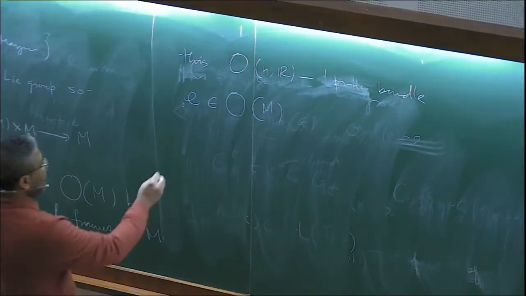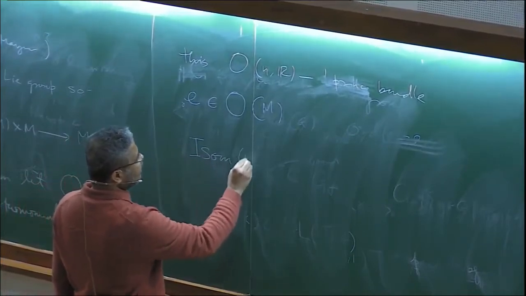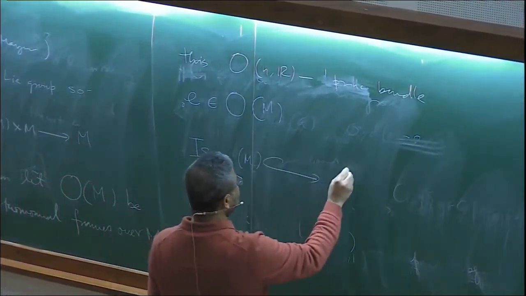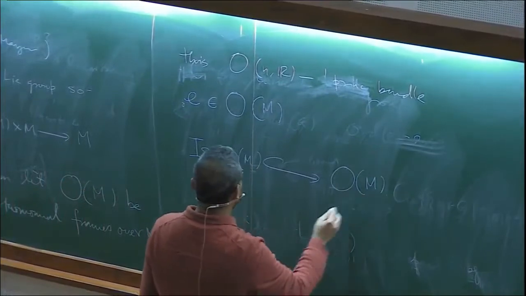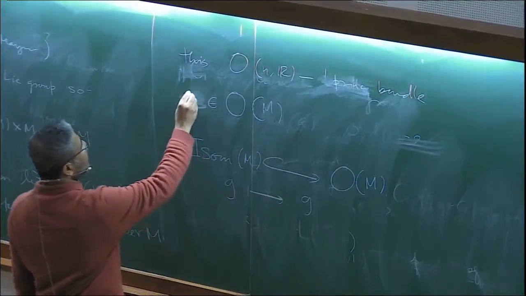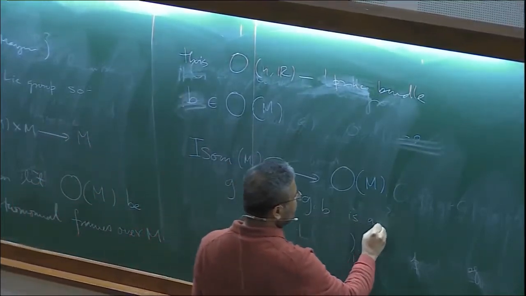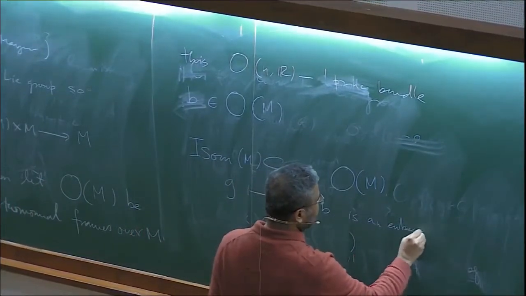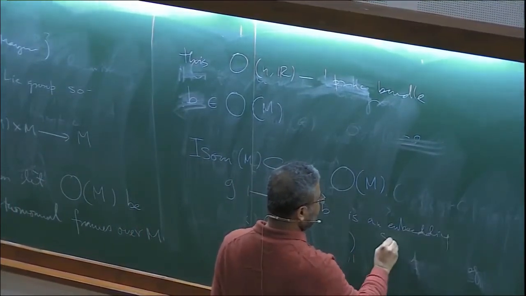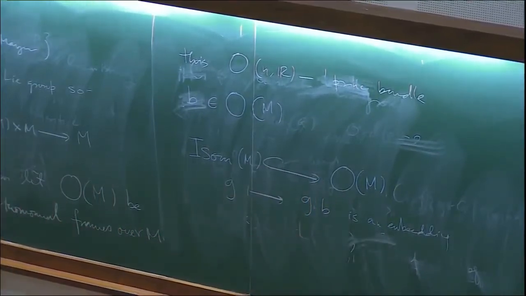So isometry embeds inside OM, this maps g going to g applied to a base b. The map is an embedding, and the image is a regular submanifold of OM by this embedding. So these are the standard results.